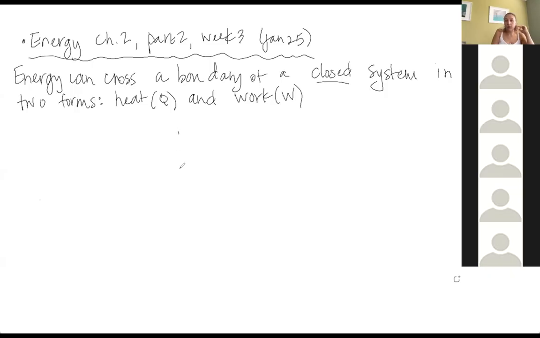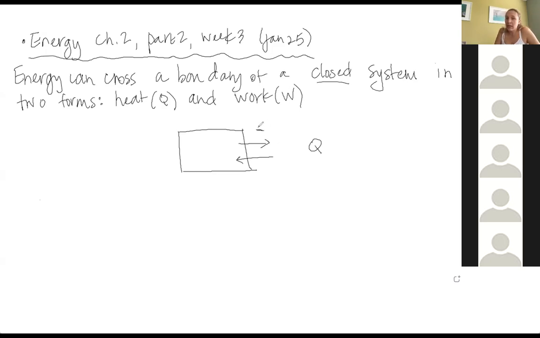As a reminder, because this becomes really important for problems in the next few chapters, if we have a closed system, it's not open to the air, we say this system is a closed system. If we have heat coming out, we are losing heat from the system, this is negative.